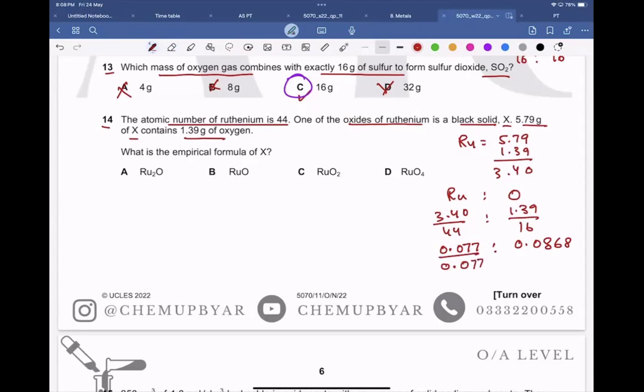So 0.077 and 0.077, over here I am going to get one. What value am I getting over here? I doubt something is wrong. 1.39 divided by 16 is 0.0868.